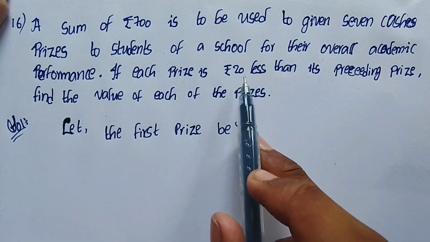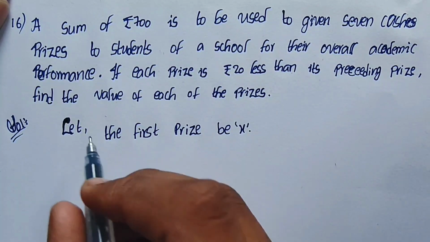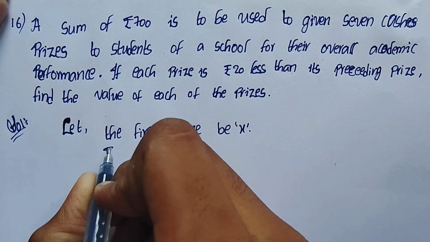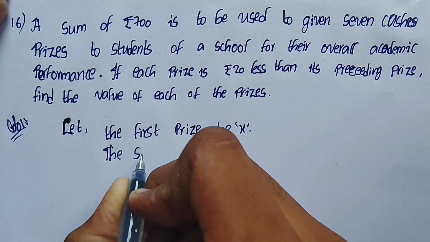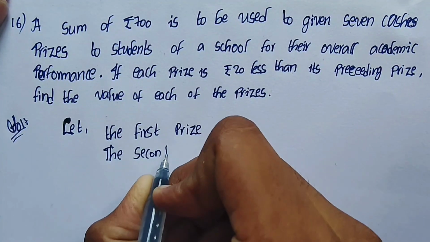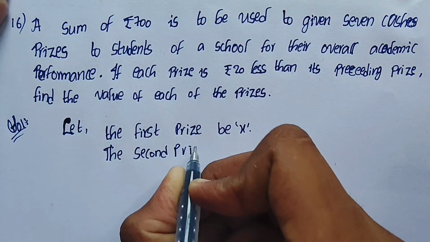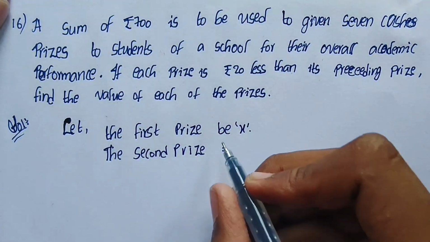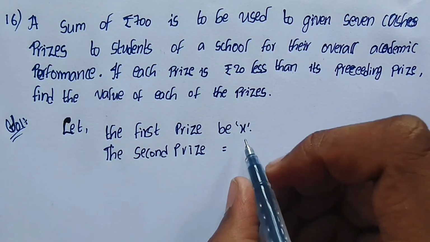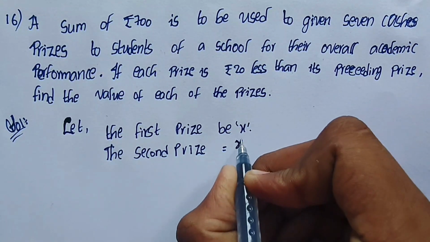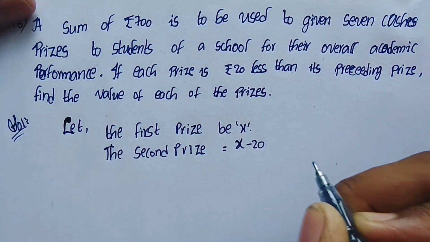Then the second prize will be x minus 20. The first prize is x, so the second prize will become x minus 20.